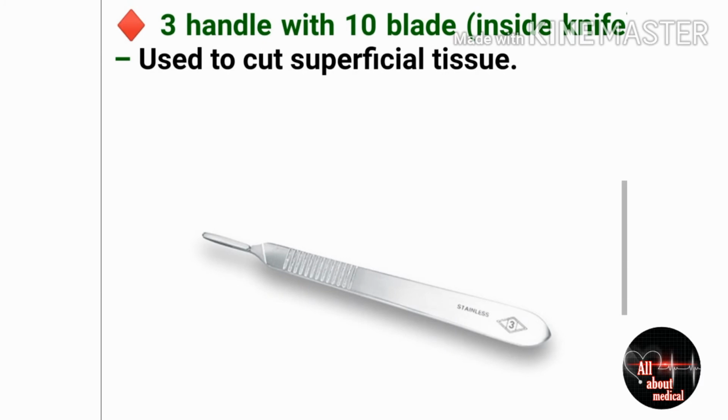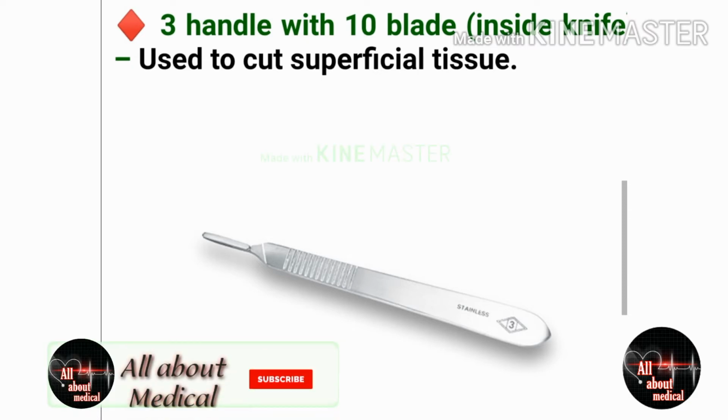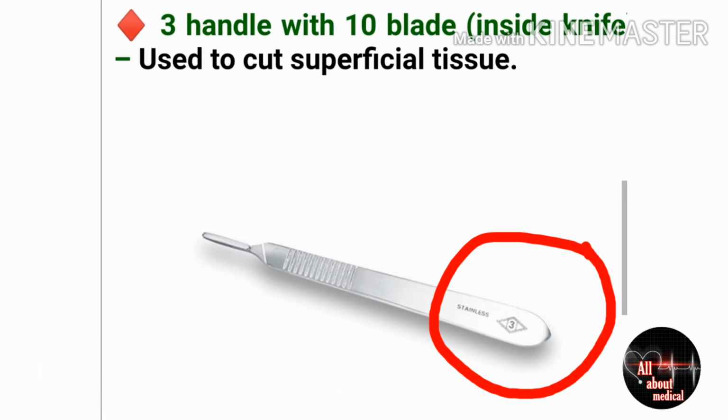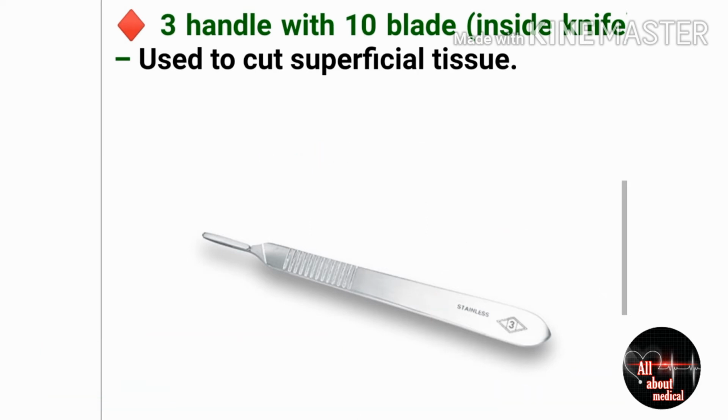Now this is the next instrument, named 3 handle with 10 blade, an inside knife. It is used to cut superficial tissue. As I told you in the previous instrument, same here, number 3 is written on the handle of this instrument and a number 10 blade is fitted in it.